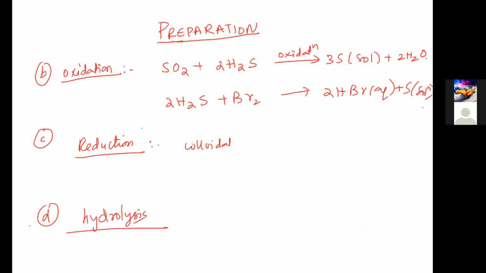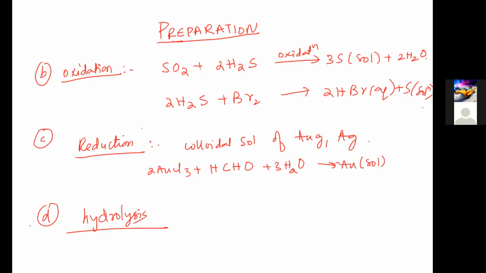Colloidal solutions of gold and silver are obtained by reduction. 2AuCl3, formaldehyde, and water give you Au solution, formic acid, and hydrogen chloride.